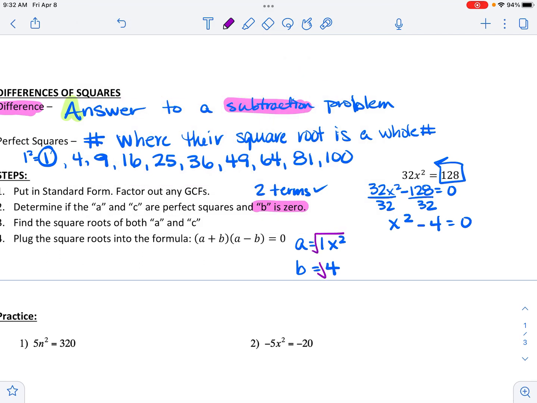If you take the square root of both of these, this is going to be 1x, and the square root of 4 is 2. And then all you do is put it into this formula. So we have 1x, or x, plus 2, and then x minus 2.